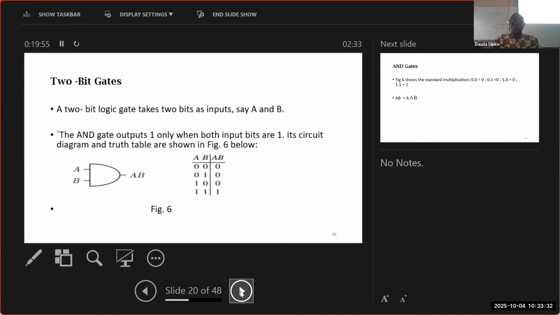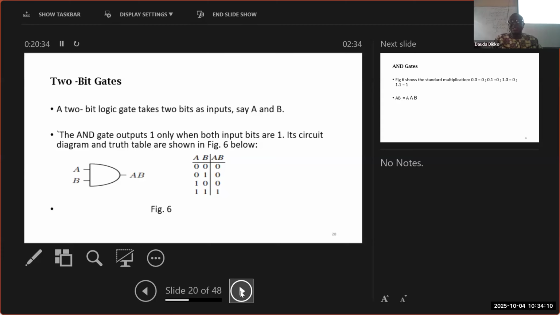So it is now possible to combine 2-bit logic gates. Meaning that we now have 2 inputs represented by A and B. So A can be 0, B can be 1. If we combine the 2 inputs, then we have a 2-bit gate. So if the input is A and B, when it passes through the AND gate, it produces AB.